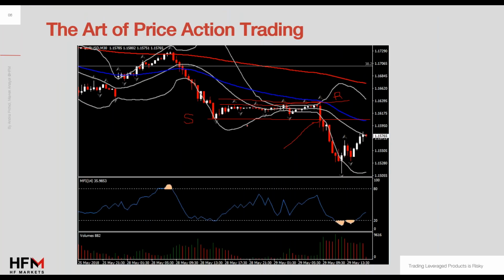Now, in this case, I don't have the full chart to help you spot the target level, but the target area could have been a previous bottom. Or you can use your risk and reward ratio and set the targets appropriately. Stop loss could have been at the previous resistance or slightly above the broken support, which now could be our new resistance level.